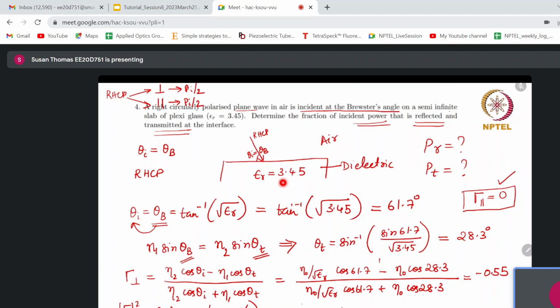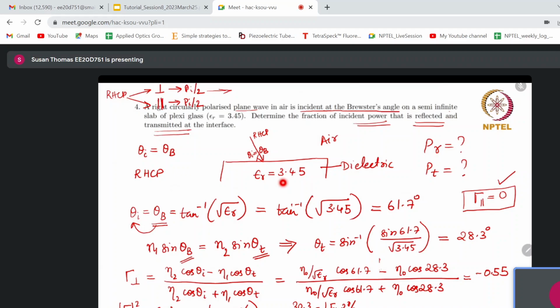So in the case of the perpendicular component, we have only 30.3 by 2, that is 15.2% getting reflected, because only half of the incident power was in this perpendicular component.